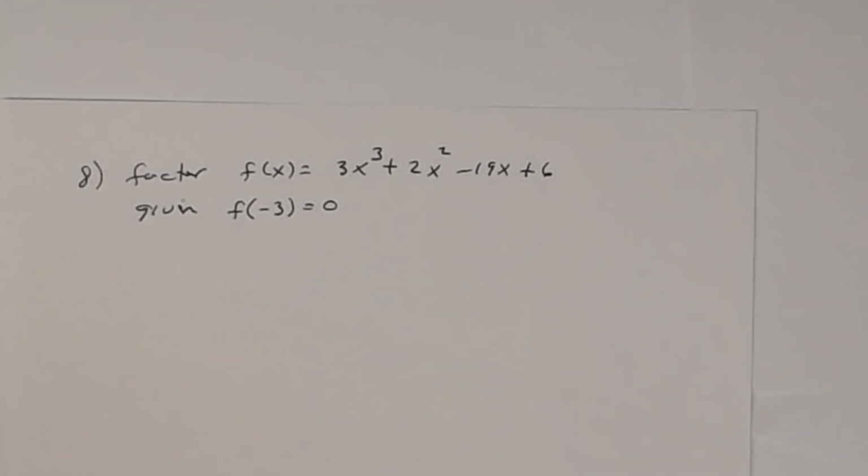Okay, so let's do number 8. So number 8, you want to factor f of x equals 3x cubed plus 2x squared minus 19x plus 6, given that f of negative 3 is equal to 0.